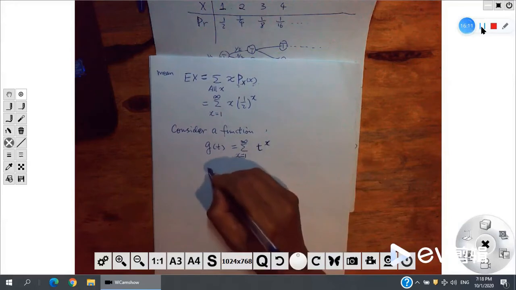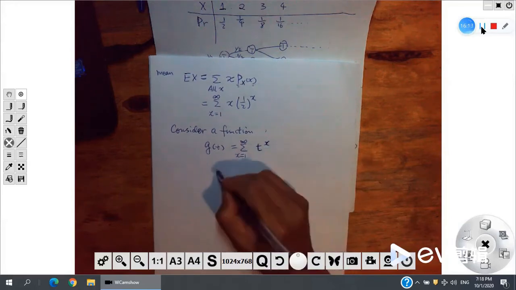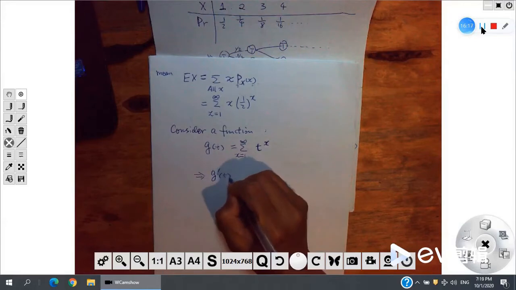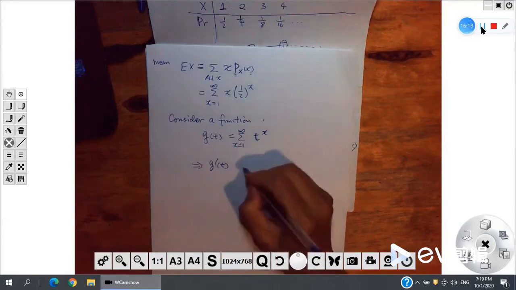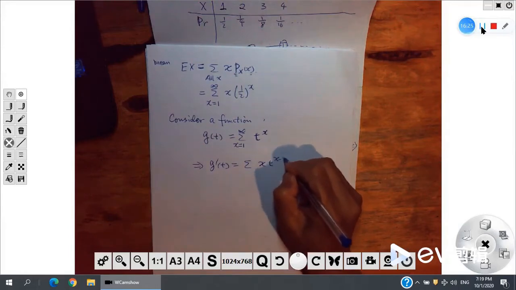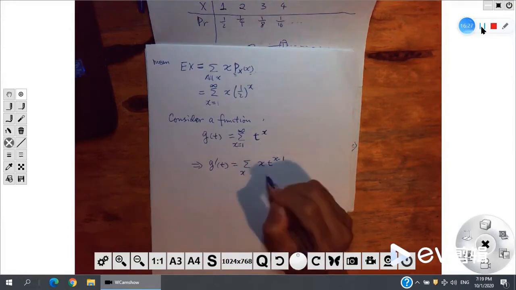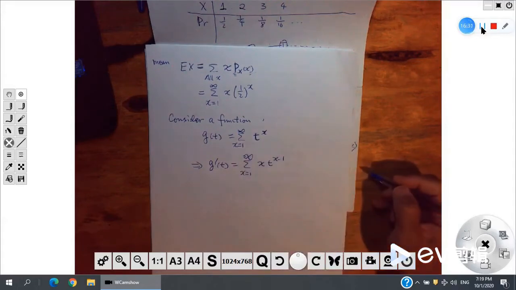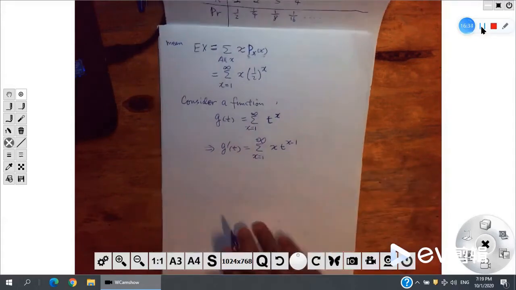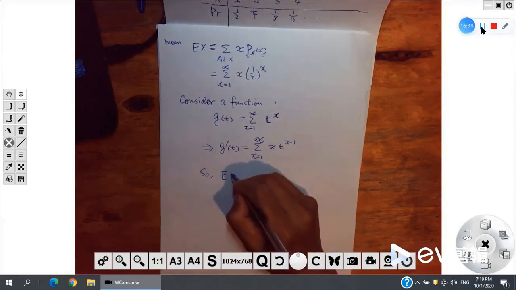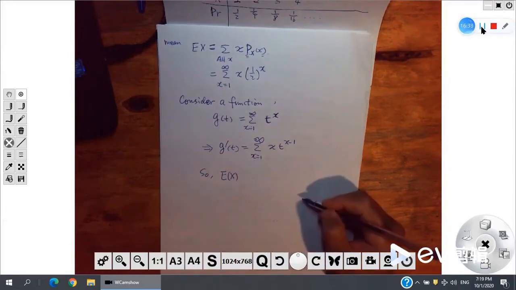Then we have g prime of t, the derivative. We take the derivative. What is this? This will be the summation of x times t to the x minus 1, and x runs from 1 to infinity, right? Okay, so what is E[X]?